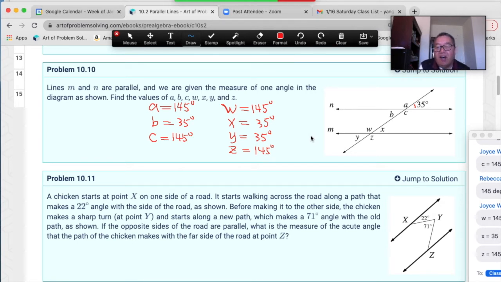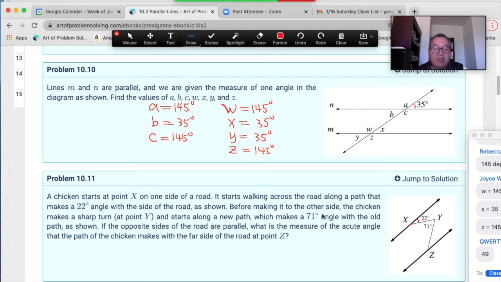Okay, so now 11. They tell you a chicken starts at a point X. Start from this point on one side of the road. It starts walking across the road along a path that makes a 22 degree angle with the side of the road as shown.